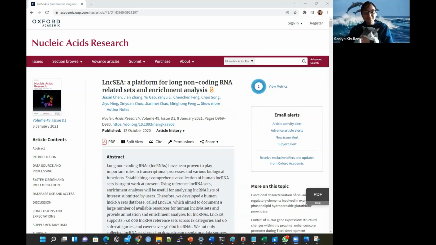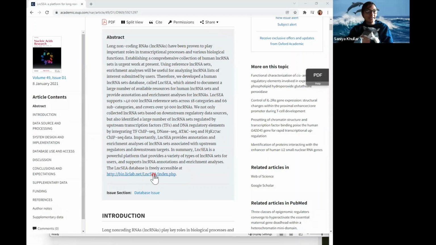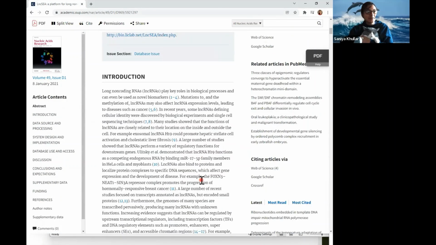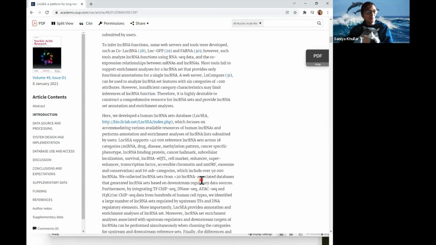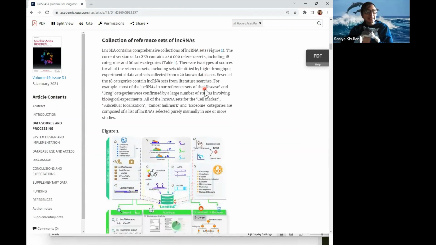So basically, the tool that we'll be using comes from this paper here. lncC, a platform for long non-coding RNA-related sets and enrichment analysis. And the database that they've created is freely available here at lnccindex.php. So they talk about a lot of different things, which we will come back to, but they talk about how they collect reference sets of lncRNAs as well.